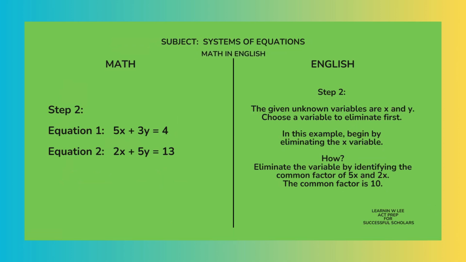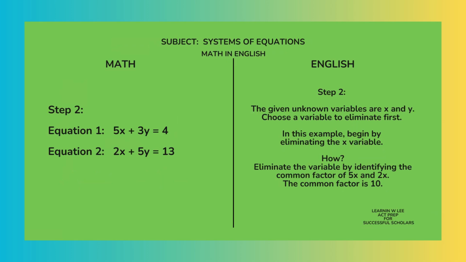After this, our next step: the given unknown variables, as we just stated, are x and y. You approach every question differently, and you will decide or choose a variable to eliminate first. In this example, we'll begin by eliminating the x variable.